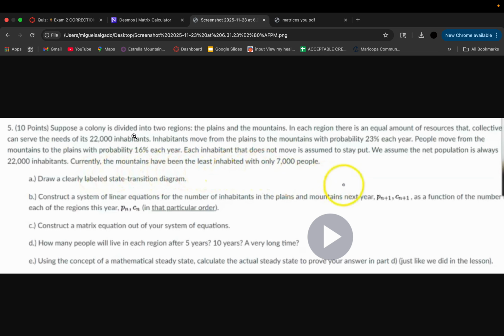So the percentage values that we're getting for each year are basically letting us know the state diagram that we see down here. Draw a clearly labeled state diagram.